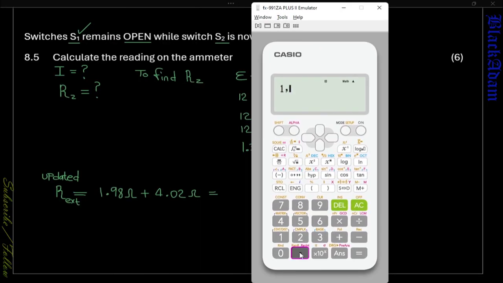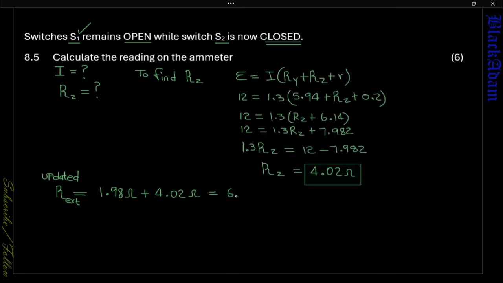So those are the external resistors now. Adding that together, 1.98 plus 4.02 gives us 6. So 6 ohm is the updated total external resistance.